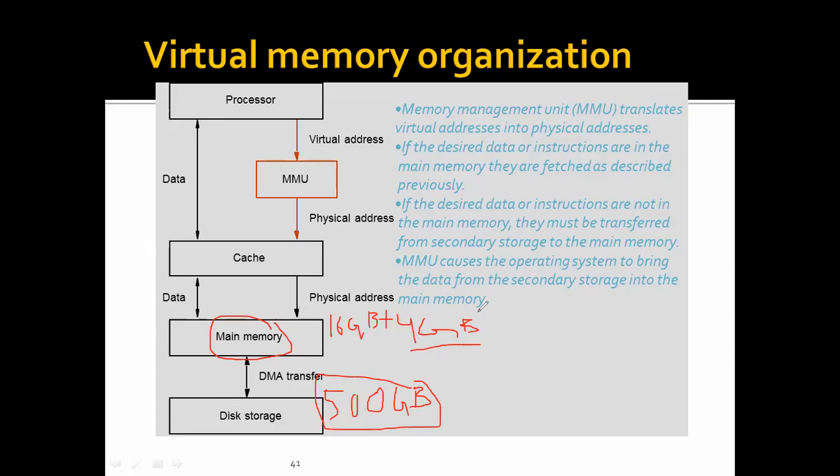From where are we getting this 4 GB? From the secondary storage. This 4 GB memory is called virtual memory. Actually it is not included in the main memory, but we assume it, getting it from the secondary storage device.